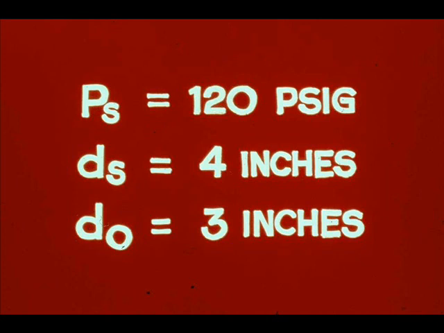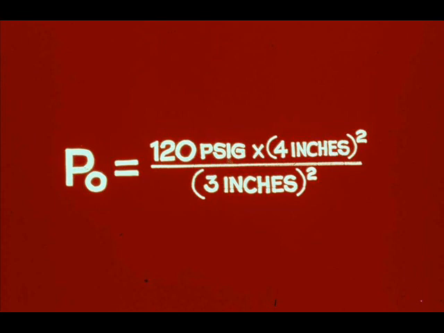Remember SOS: steam, oil, stroke. Steam piston diameter is 4 inches, and oil piston diameter is 3 inches. Substituting numbers in the formula, P sub O equals 120 psig times 4 inches squared over 3 inches squared.